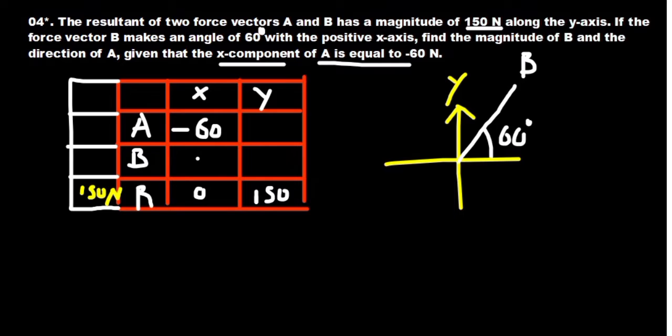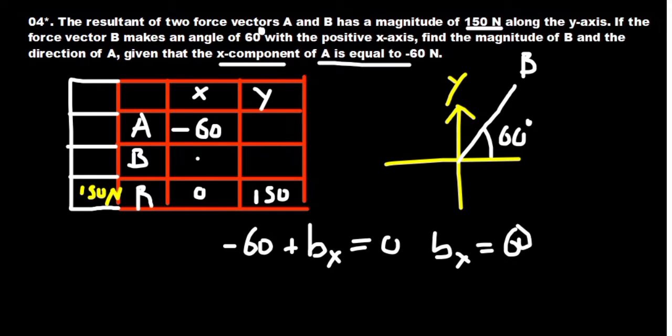We know the addition of negative 60 plus the x component of B, which I'll denote Bx, should be equal to 0, the resultant. Therefore Bx is automatically going to be 60 newtons. So we found the x component.